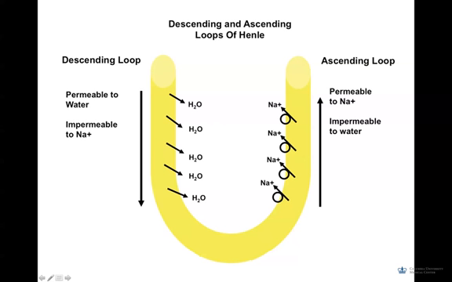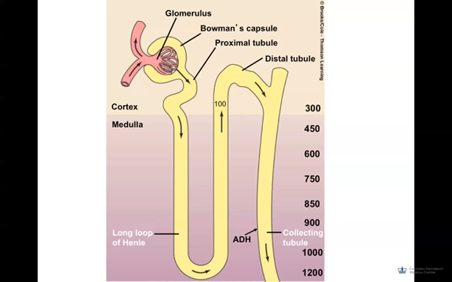So urine flows down the descending loop of Henle, and then it flows up, and sodium is actively pumped out, and it raises the osmolarity of the interstitial space in the medulla, and it creates that osmotic gradient. And now, because sodium is actively pumped out, the urine that leaves the loops of Henle ends up having an osmolarity that is very, very low.